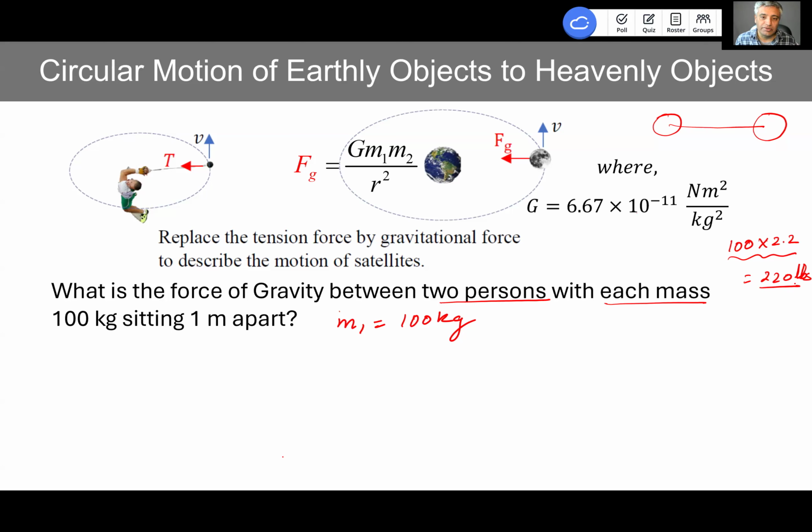Actually, pound is a unit of force, but we can have equivalent mass as well. So that means they are basically 100 kilogram persons. They are relatively heavier persons than the average, okay? So now let's figure out how strong the force between them is when they are sitting a meter apart.